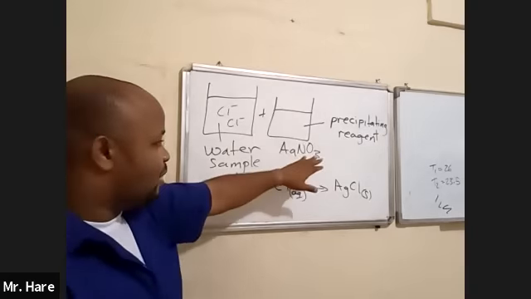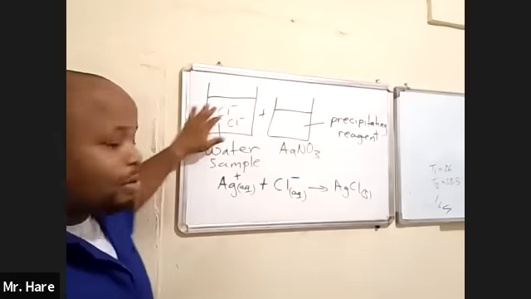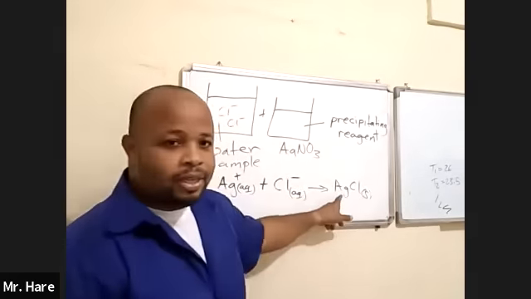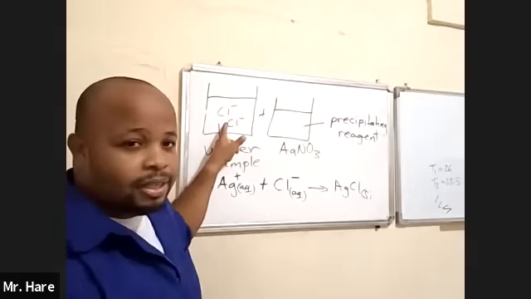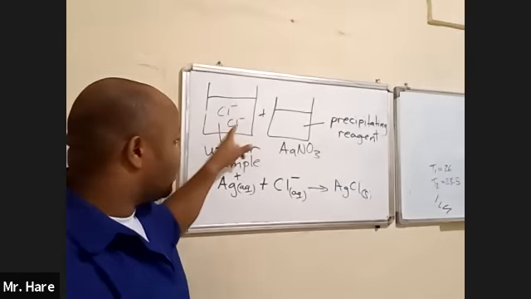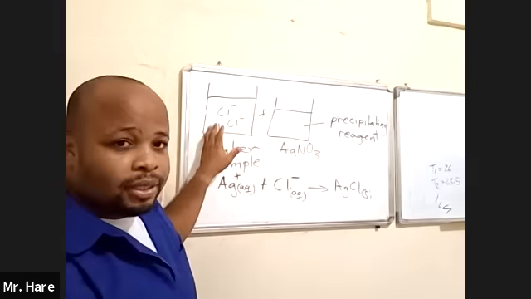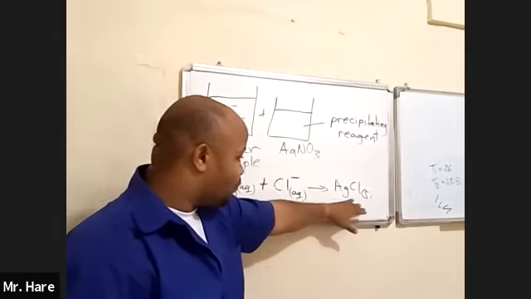So when you add this solution to your sample, it will form a precipitate with the analyte. Whatever ion you're interested in, when you add your precipitating reagent to it, a precipitate should form.